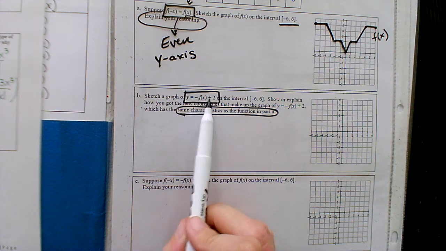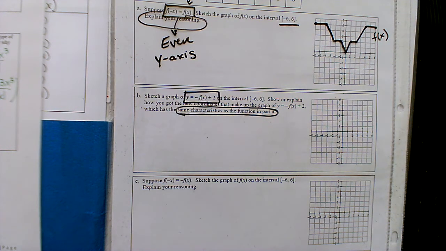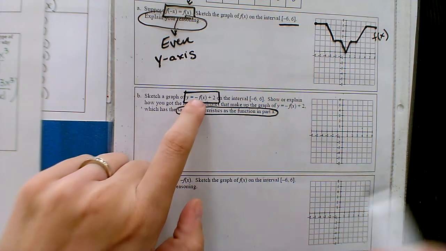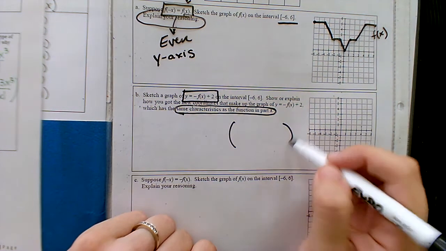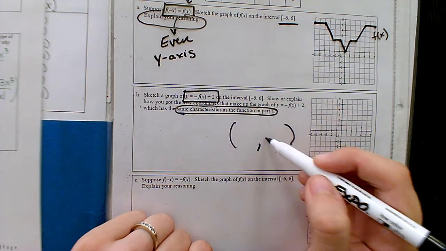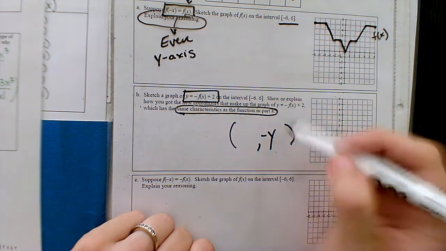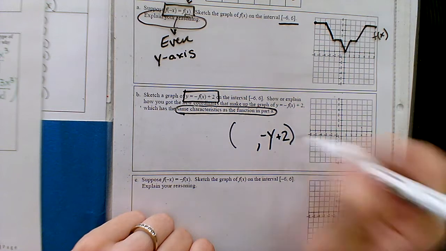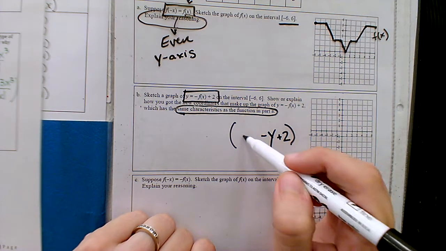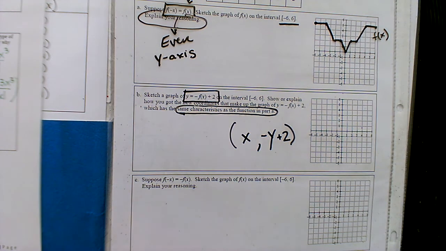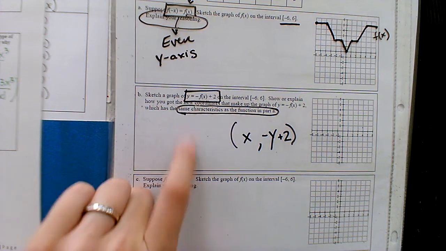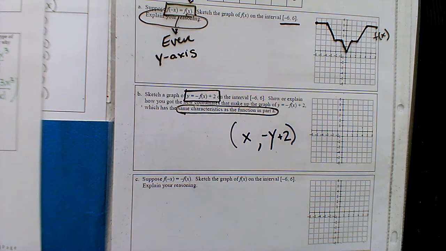Okay, so if those are the operations, how do those translate to the transformations? If we multiply the y value by a negative, and then we're going to move everything up 2, which would affect the y coordinate. Notice how the x value doesn't change. Can we label what those transformations are?